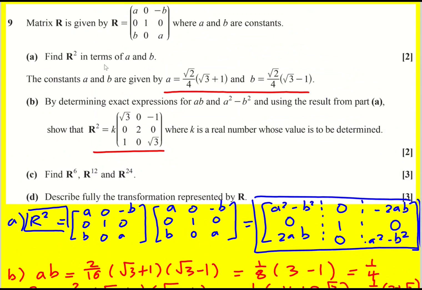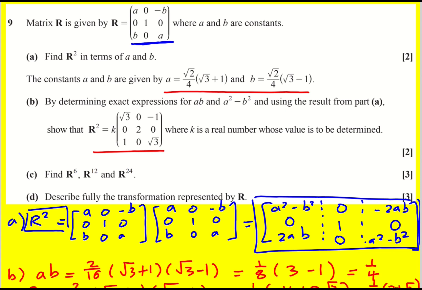Finally, we're asked to describe fully the transformation represented by r. So here is r, but remember with a and b replaced by these. Okay, now after 24 applications of the matrix, we get back to the start, not after 12 or anything like that. So it can't be, say, a reflection. That wouldn't make any sense.